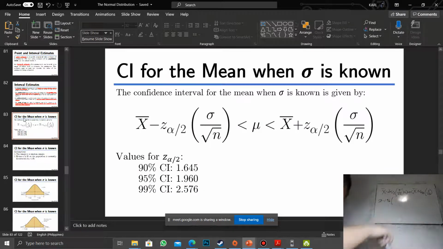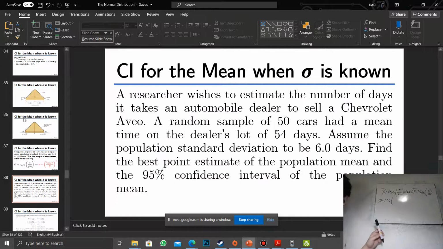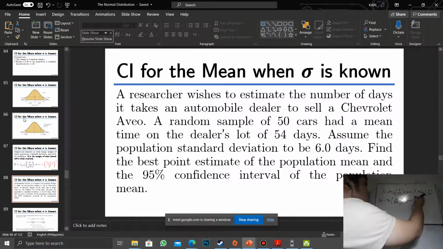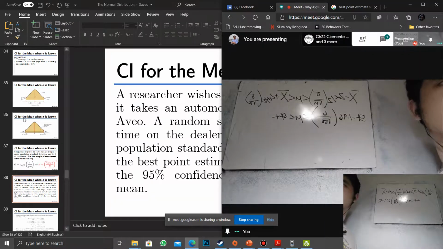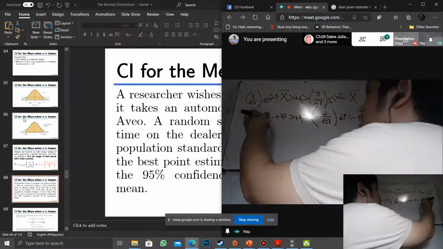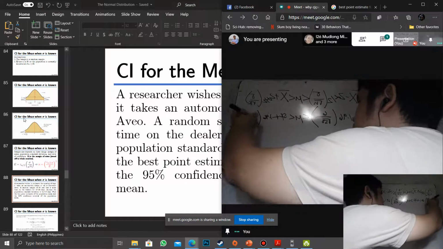Sigma, that is 6 over square root of 50. Less than mu, less than, pasok na lang ulit, 54, plus 1.96 times 6 over square root of 50.